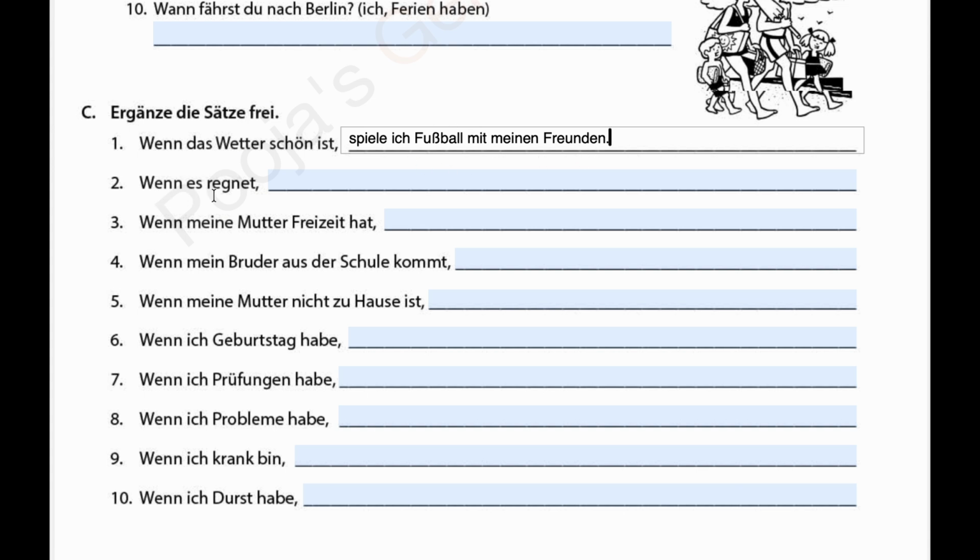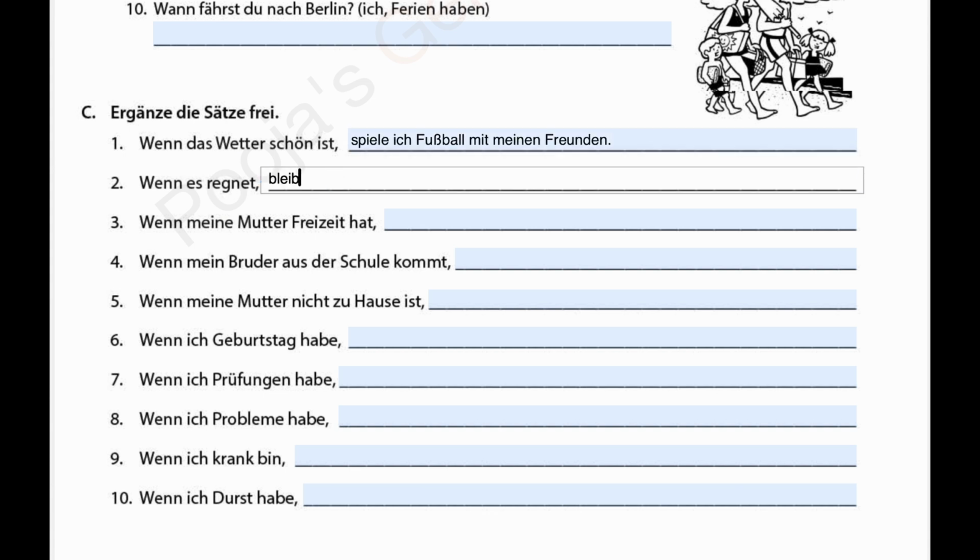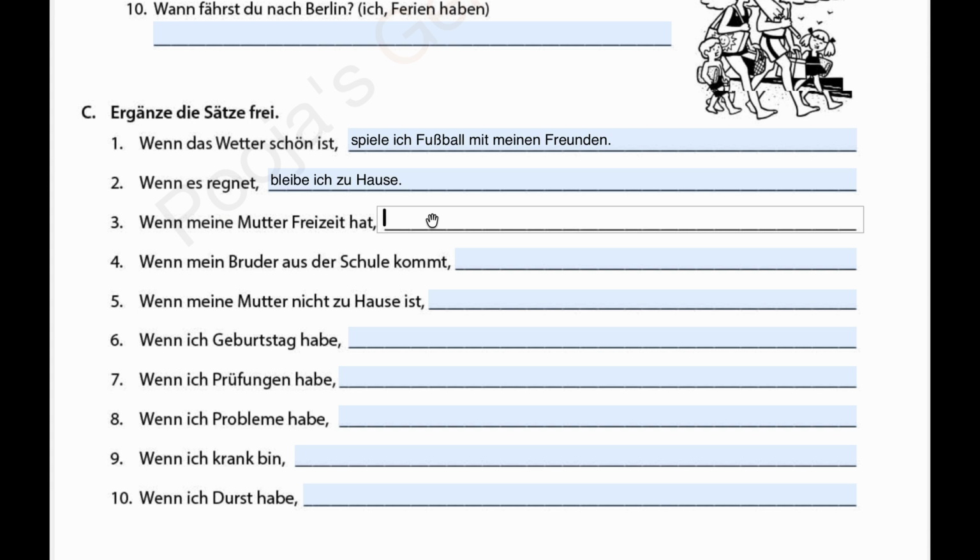Next is wenn es regnet. So if it rains, then bleibe ich zu Hause. I stay at home. Clear? Next is wenn meine Mutter Freizeit hat. When my mother has some free time, dann sehen wir zusammen fern.